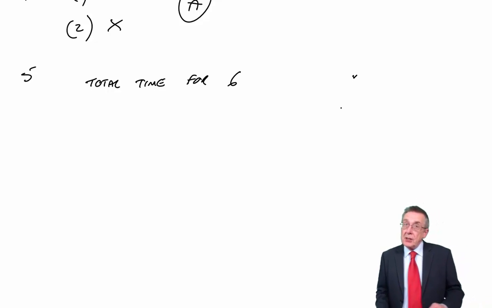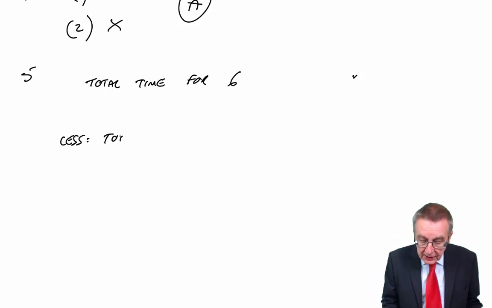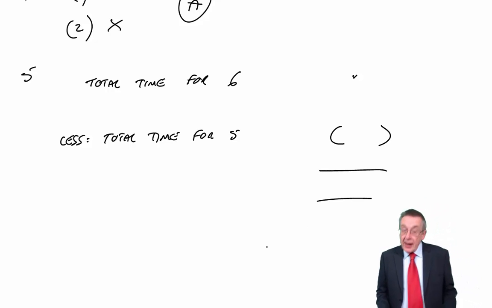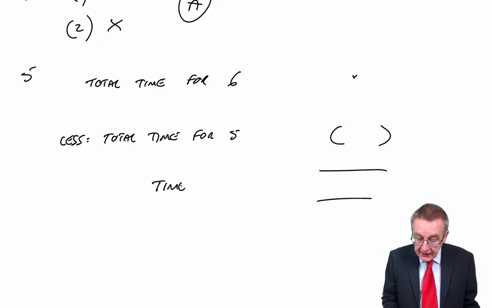And having worked out the total time it will take to do all 6, if we subtract the total time it will take to do 5, then we'll be left with what we want. We'll be left with the time for the 6th.